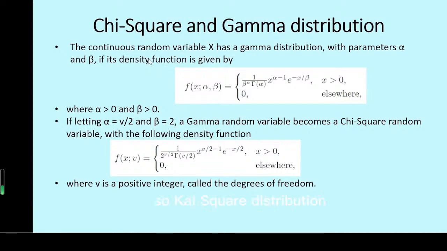Chi-square distribution is actually a special case of gamma distribution. We know gamma distribution has two parameters, alpha and beta.